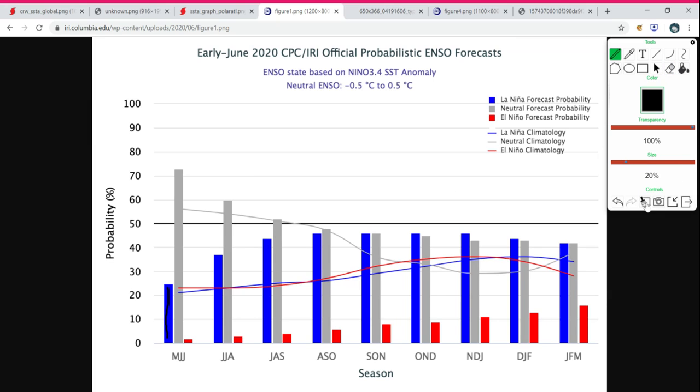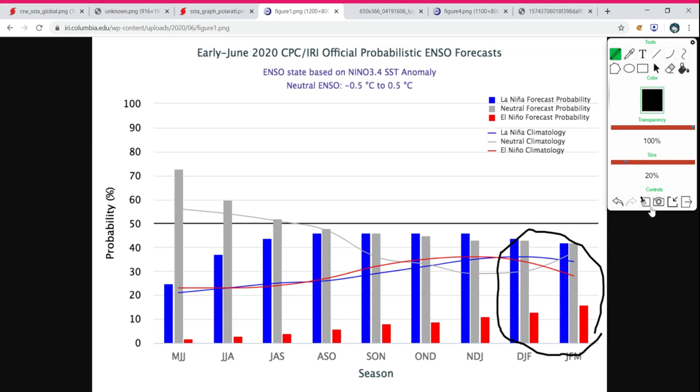And these are the probabilities on the side. Right now we have around a 70% chance of neutral, around a 25% chance of La Nina, and a near 0% chance of El Nino. As we move forward in time, the La Nina chances go up, and then the uncertainty starts to increase later in the period.